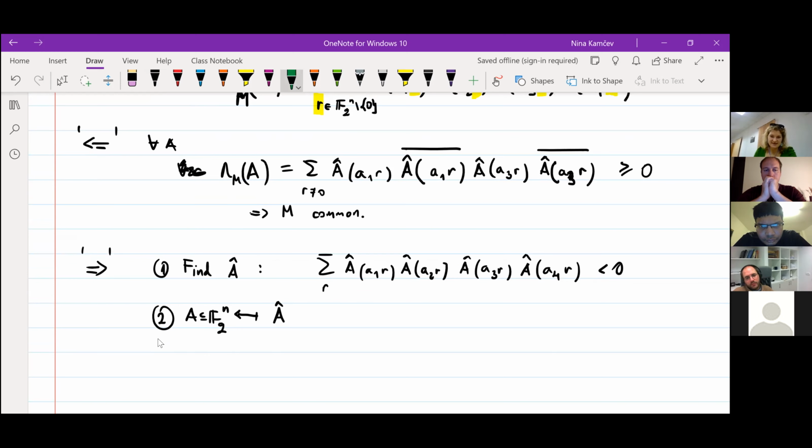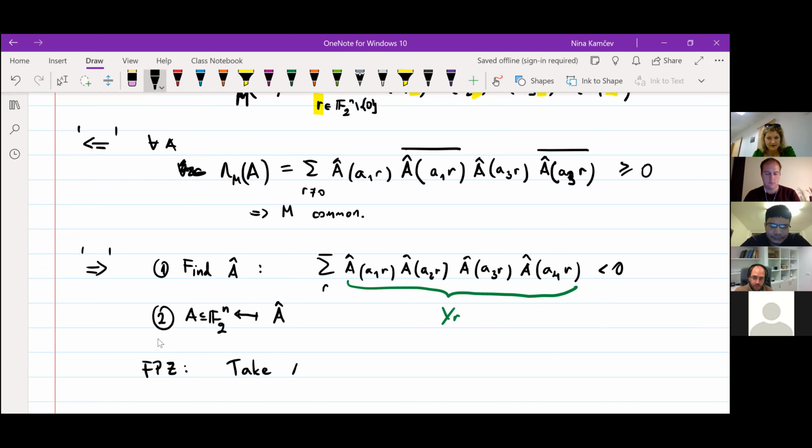So I'm going to denote this entire term by YR. For each non-zero R in the group, this will be a separate value YR. So what Fox, Pham, and Zhao say is: take these Fourier coefficients at random, to be, say, plus or minus beta, where beta is some positive real value, uniformly at random, but respecting the conjugation property.